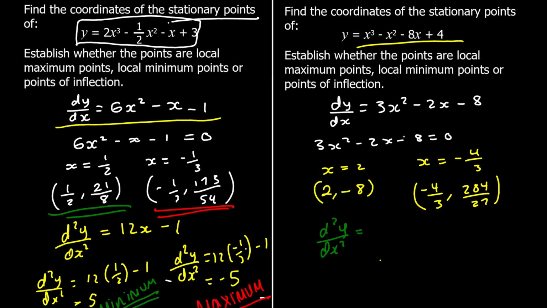So the gradient of the gradient, which is 6x minus 2. For x is 2, the second derivative is 6 twos take away 2, which is 10. So that's positive. Therefore, it's a minimum point.